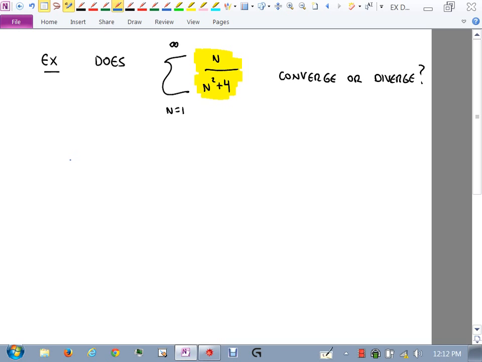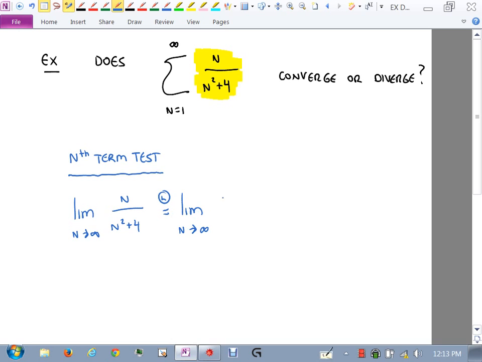On the nth term test, notice I'm writing out what I'm going to do. I'm taking the limit as n goes to infinity of n over n squared plus 4 by L'Hopital's rule. That's the limit as n goes to infinity of 1 over 2n, which goes to 0.